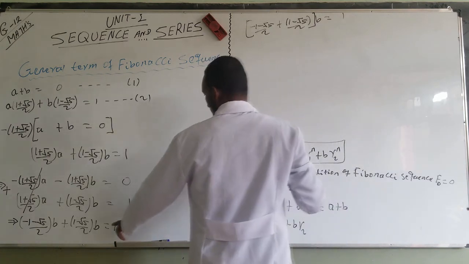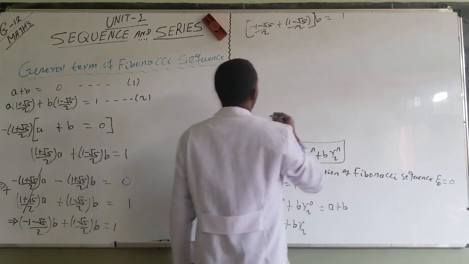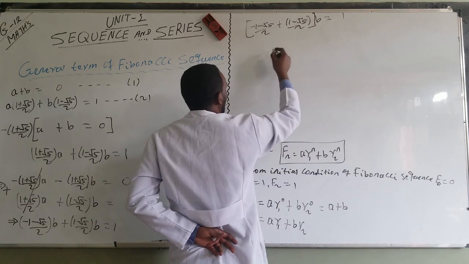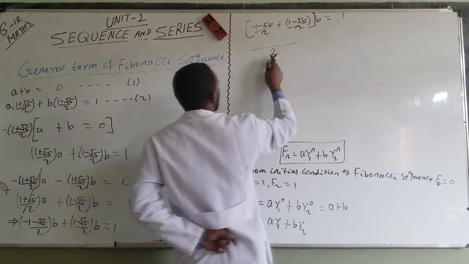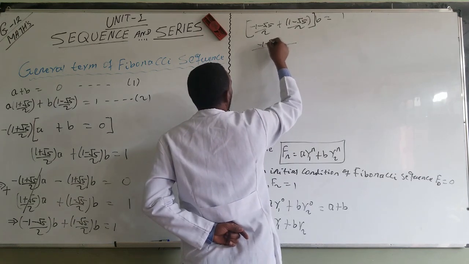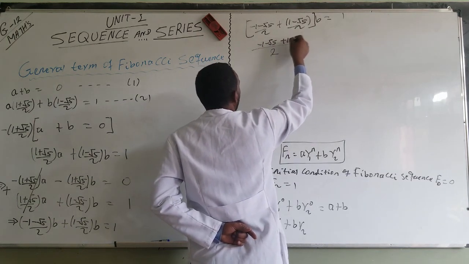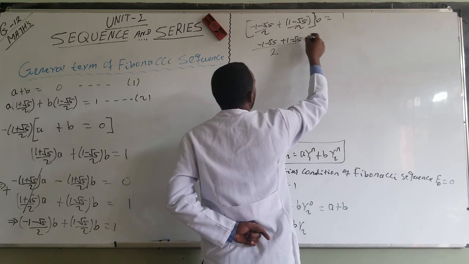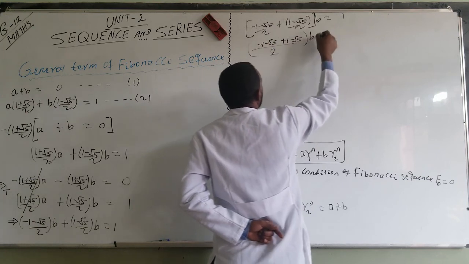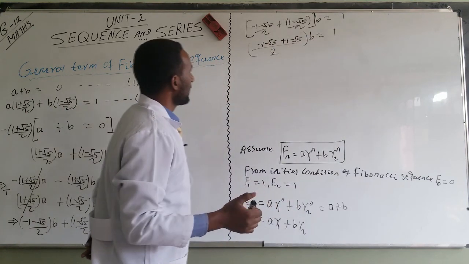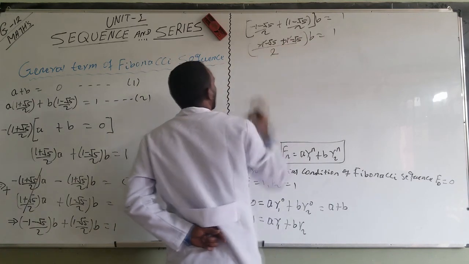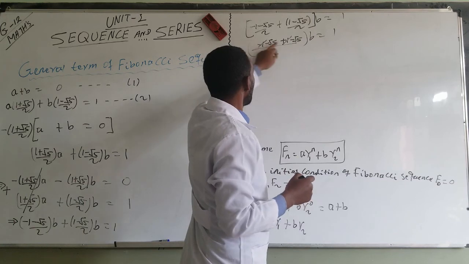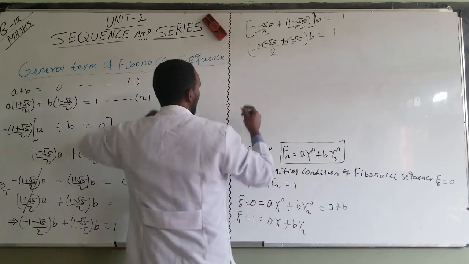When we take B as a common factor, we can take 2 as the least common denominator. Then negative 1 minus square root of 5 plus 1 minus square root of 5, times B, is equal to 1. The 1 is omitted because one is negative and the other is positive, so it becomes 0.